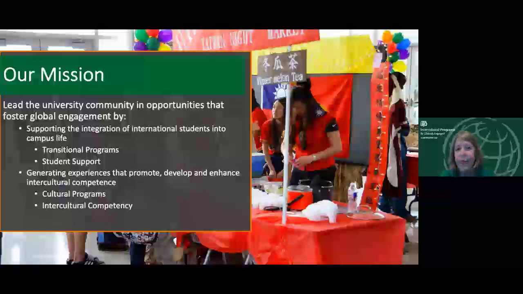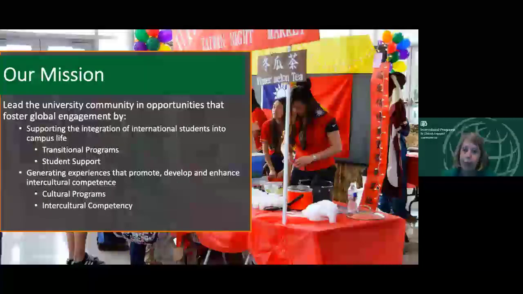In a little bit, we're going to share some important websites for you to contact those offices in case you need them, and we will share them in the chat. All units at UT Dallas are eager and ready to support you.